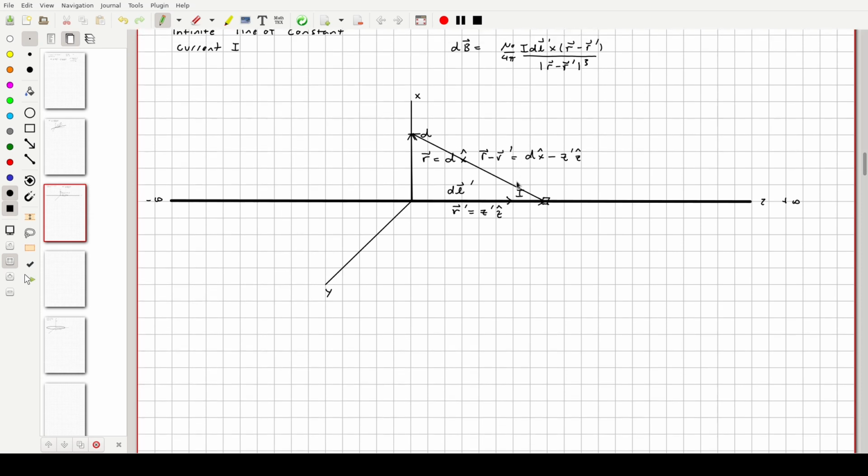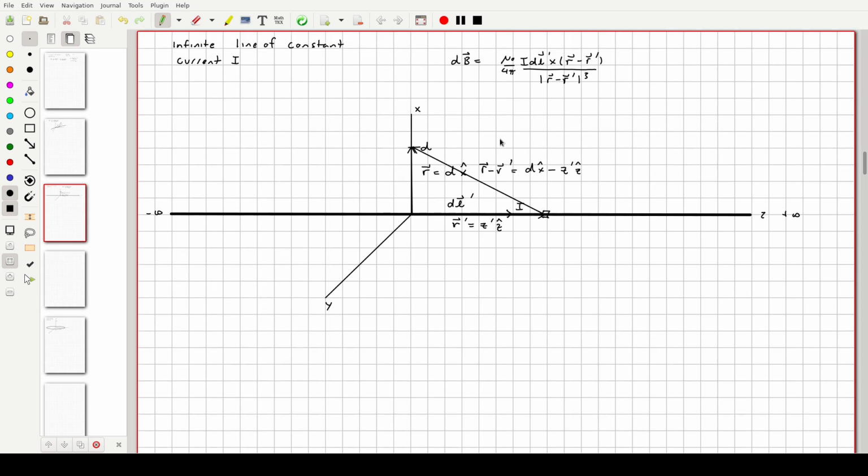Okay, so next up, let's do the integral. If I plug in the stuff that I have, and I'm just going to lay it out right here, this is what my Biot-Savart law is going to look like. I is constant, so I'm just going to go ahead and pull that out. dl here, if you look at it, is going to be dz z hat. R minus R prime is this right here.